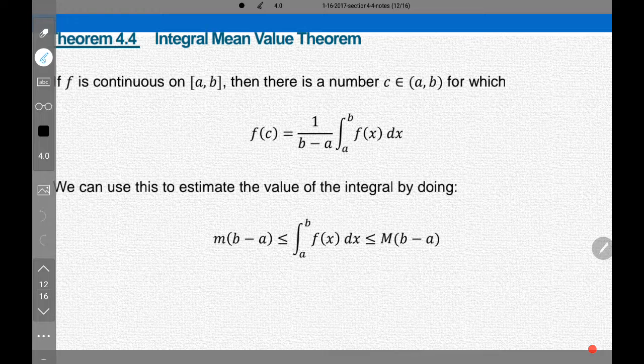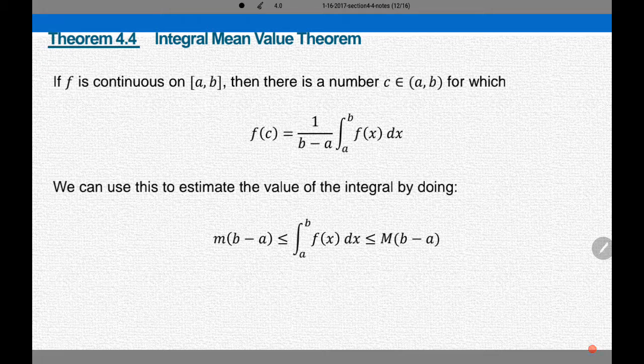Alright, so we've got some tools today where we can estimate a range of where the value of the area should lie. And that's what this integral mean value theorem is saying. So there's some function value that will tell us pretty much where the integral lies.